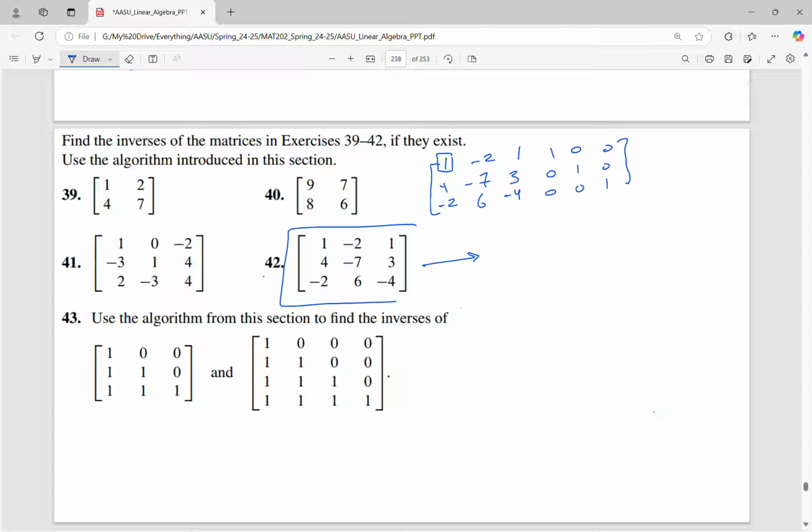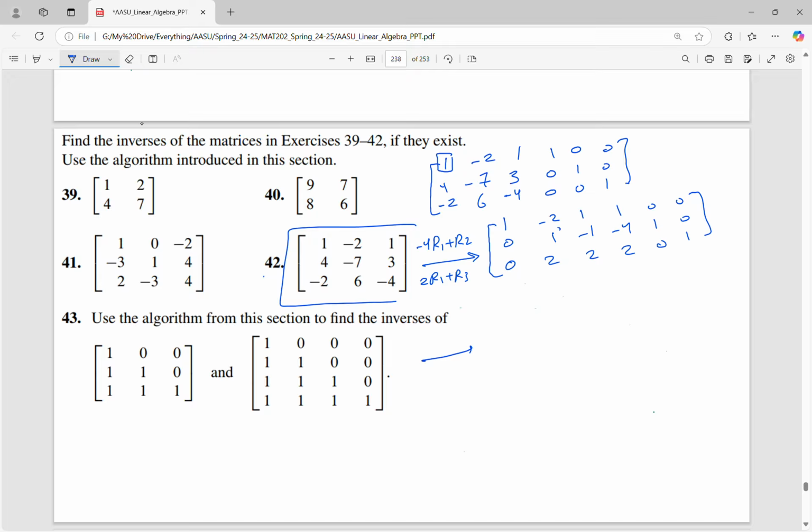I want everything below it to be 0. So minus 4R1 plus R2, 2R1 plus R3.